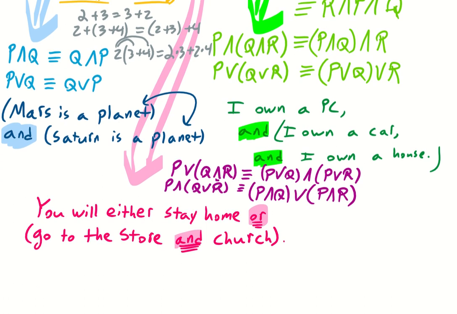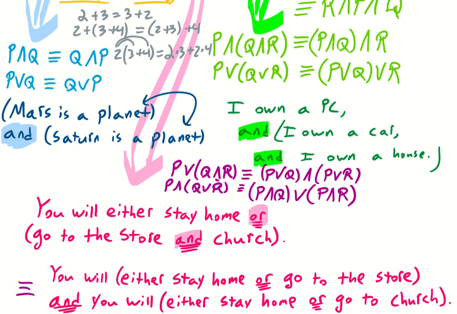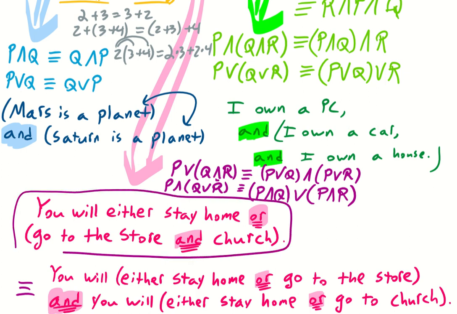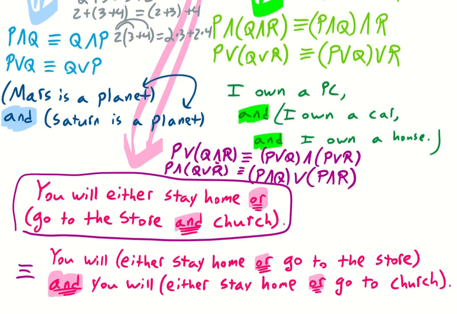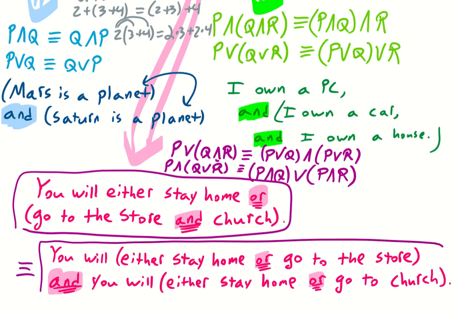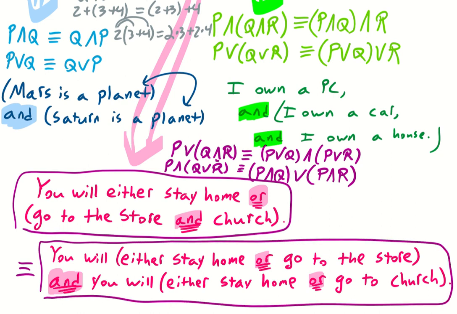So the question is, what is this logically equivalent to? It would be this. You will (either stay home or go to the store) and you will (either stay home or go to church). Now if you carefully think about this sentence, then think about this sentence, they are in fact logically equivalent.